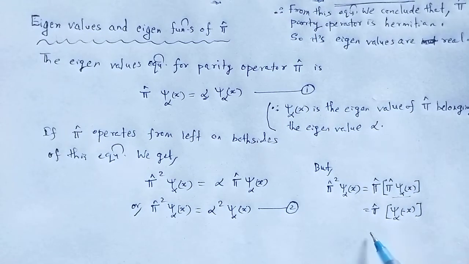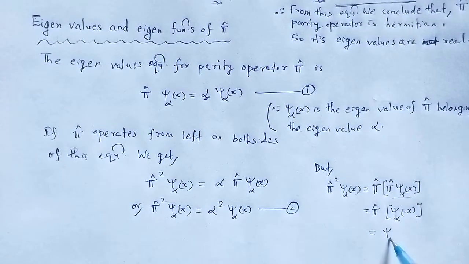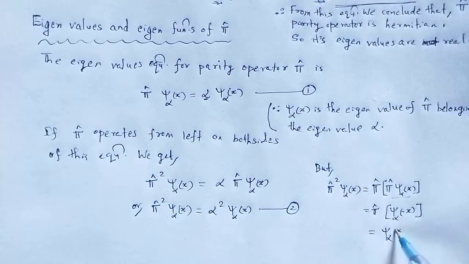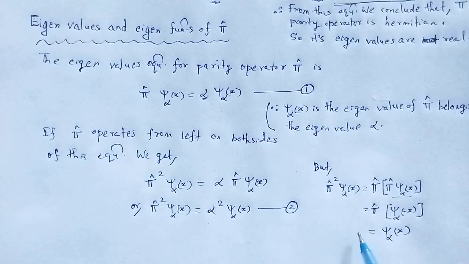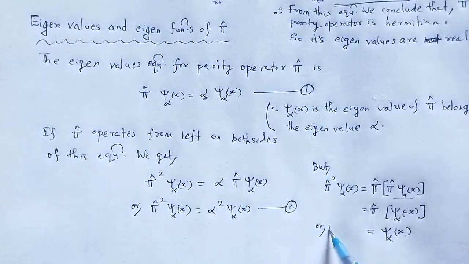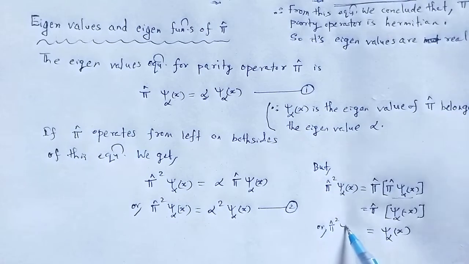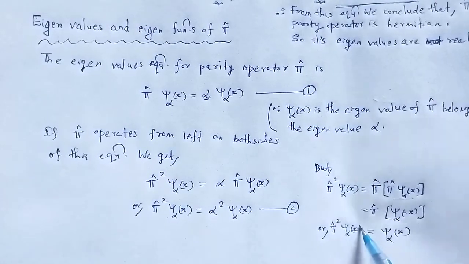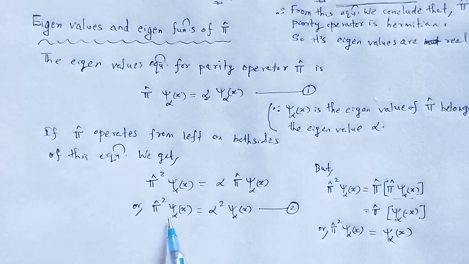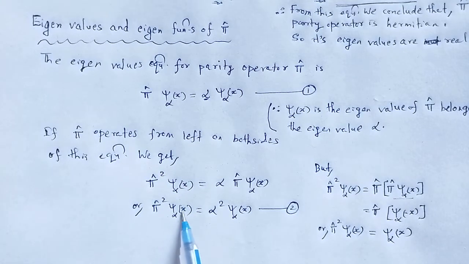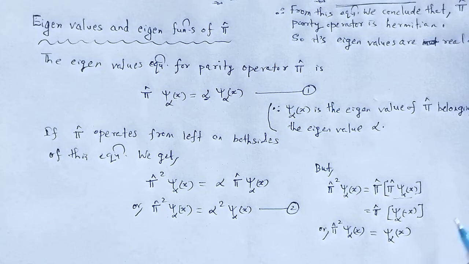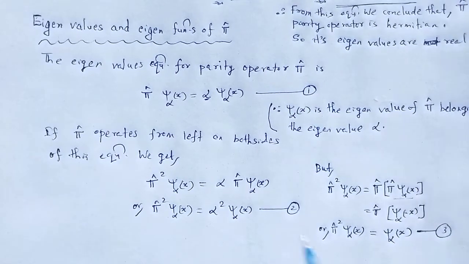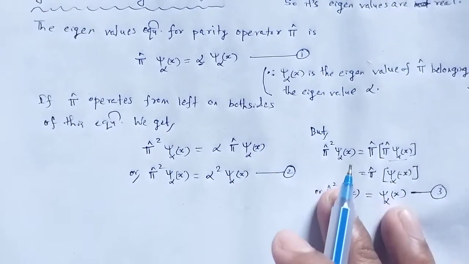Again the parity operator operates, the sign will be changed again, psi alpha of x. That is the value of pi cap square psi alpha x. That is equation number 3.